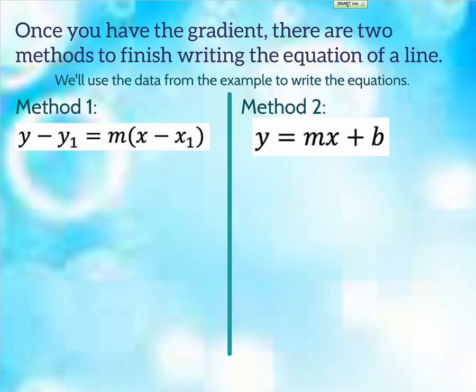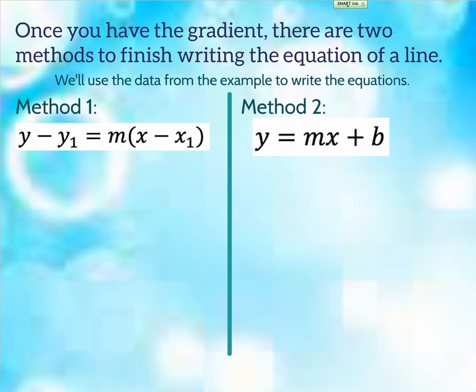Method 1 is also known as point slope form or point gradient form, depending on where you are. For method 1, we'll put our slope value that we calculated on the previous screen in for the slope. And then I highly suggest using the mean point for your point. Don't use the other one you estimated. Use the mean point.